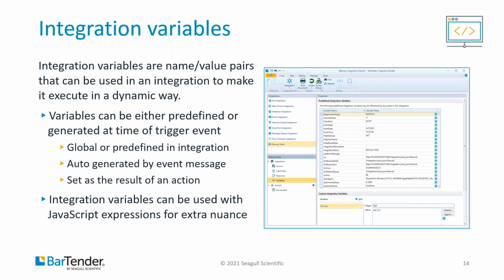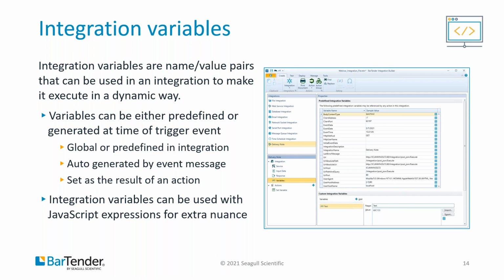So rather than the integration behaving in a very static, it-is-what-it-is sort of way, you want, at the time of the event, to dynamically change what it's doing according to values that you set, and values that you set for these variables, for example.